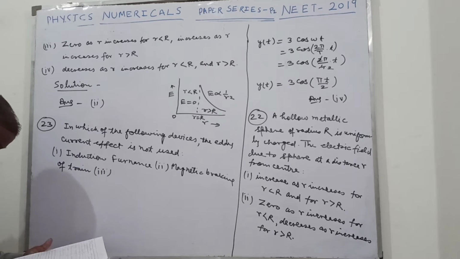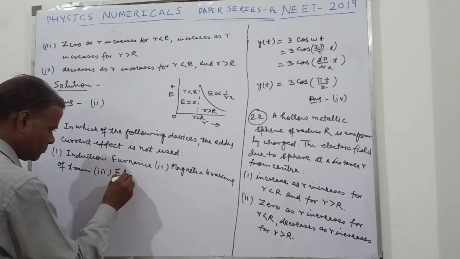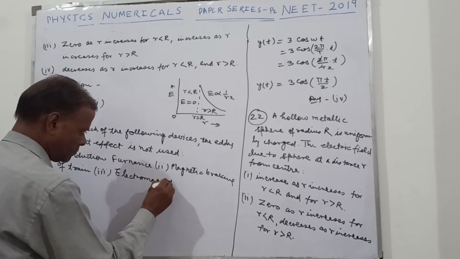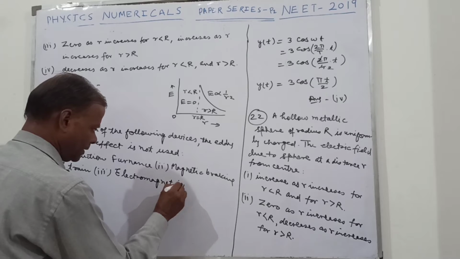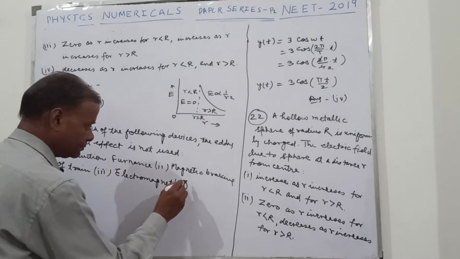And now third option is electromagnet. And fourth is electric heater.